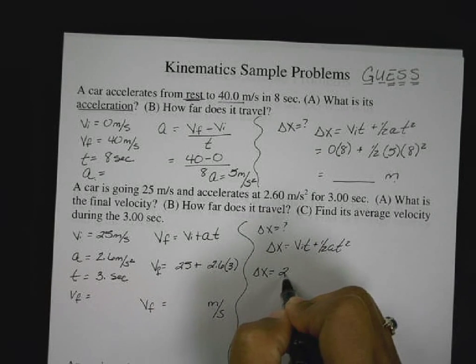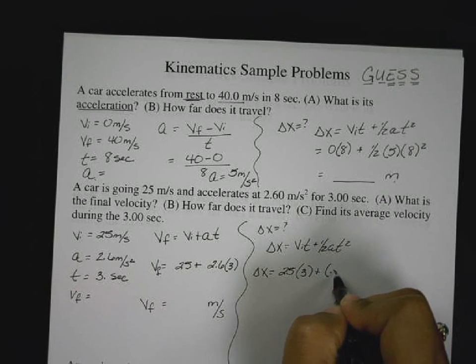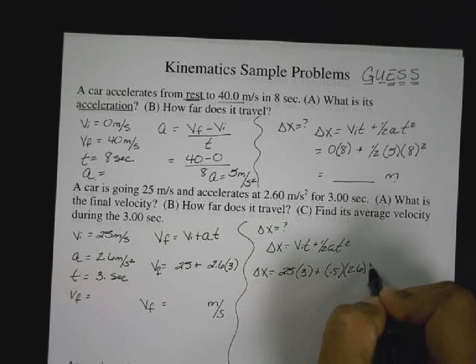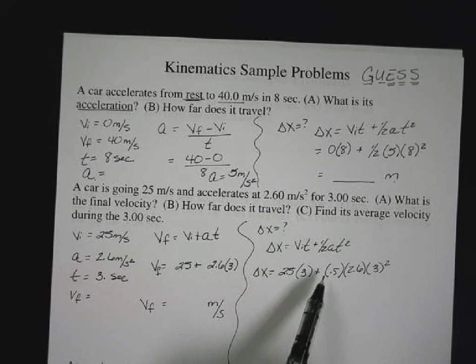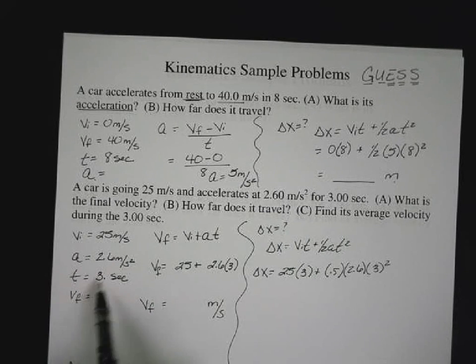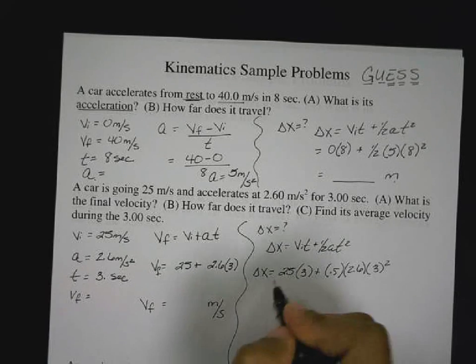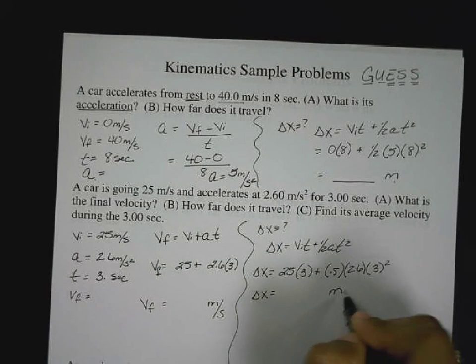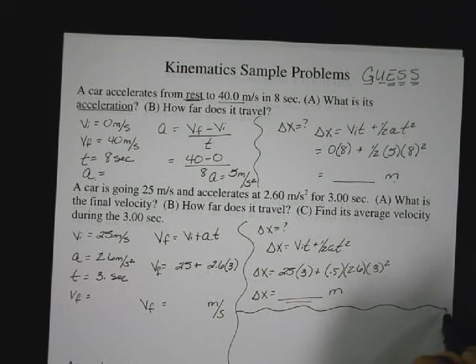Delta x is equal to 25 times 3 plus 0.5 times an acceleration of 2.6 times 3, and I square that. I'm substituting. So there's my givens, there's my equation, there's my substitution, and the final is my solution, and the unit for displacement is meters. So whatever answer you get in the calculator, there you go.